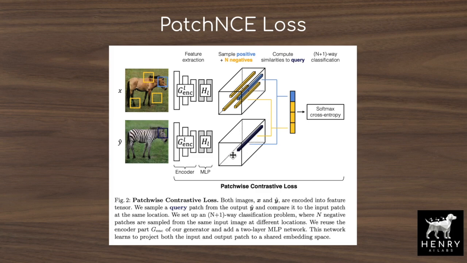It's not just height by width by RGB, it's height by width by the number of channels in the convolutional network, which is why it has this rectangle shape and looks longer in the depth-wise direction, because we're comparing these entire feature maps to one another, not just spatially as if taking out this RGB crop. So then the PatchNCE loss is similar to just doing this n+1 way classification, where you're doing basically a softmax cross entropy loss on the positive patches, and then all the other patches are treated as negative labels.